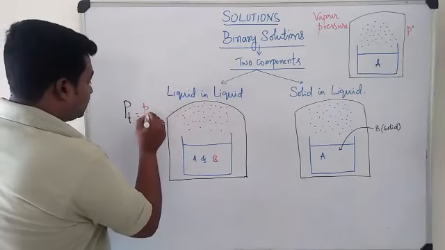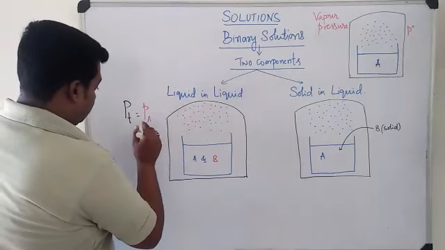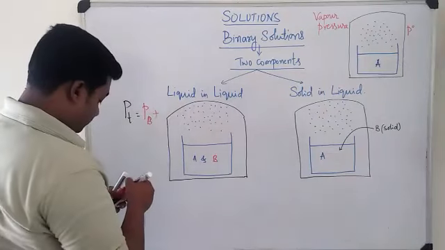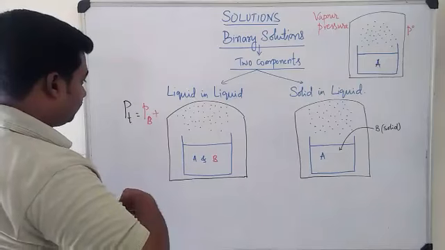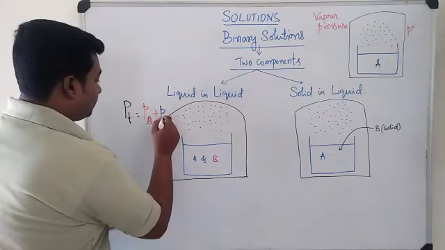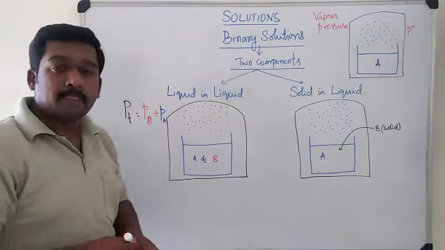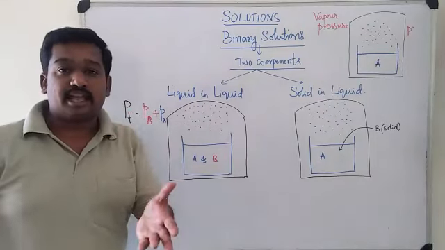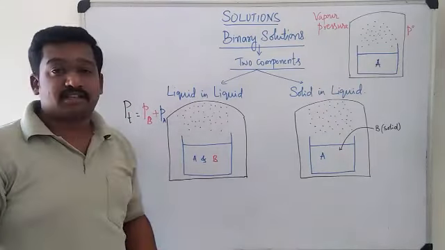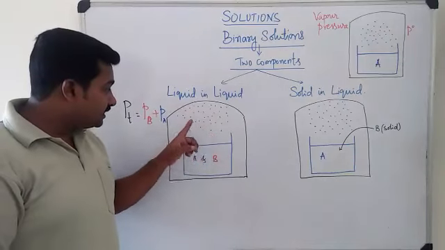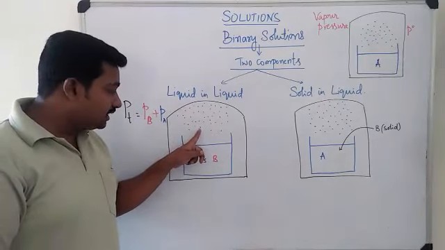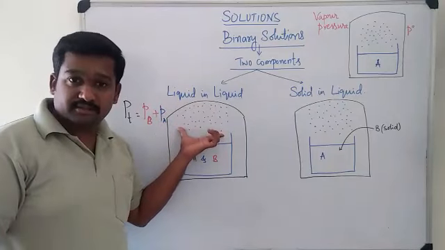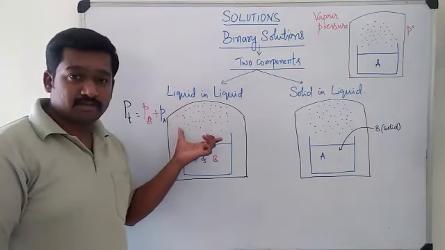P total is equal to P of B plus P of A. Partial pressure of B plus partial pressure of A. What is partial pressure then? In this case, the pressure exerted by one component out of the entire vapor collected over the surface is the partial pressure.